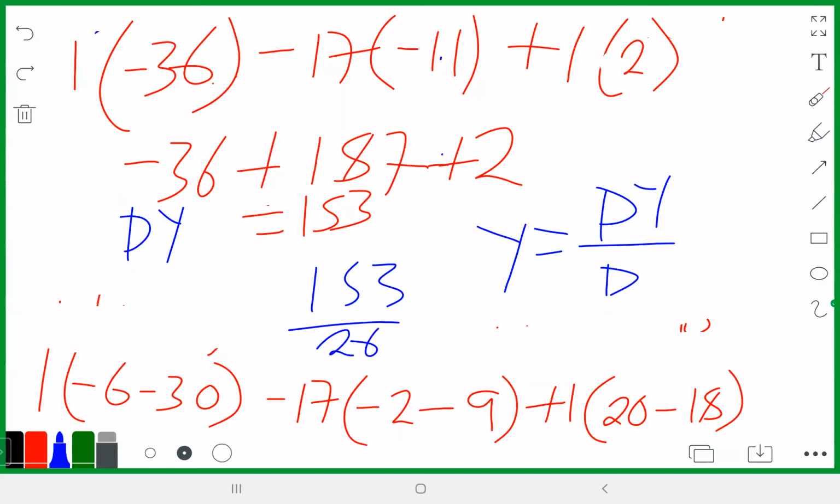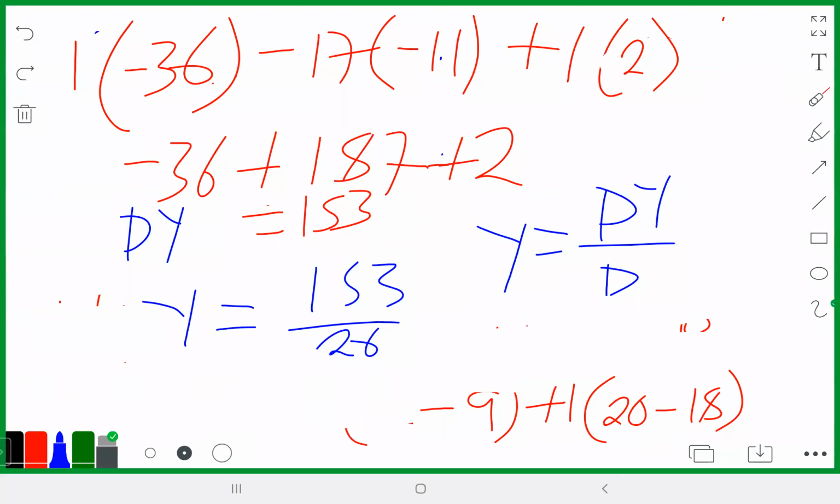You check if there are values that can divide both of them, and if there are no such values, you just leave it there as the value of y. Is that clear? Very, very important to know how to solve simultaneous equations using Cramer's rule.